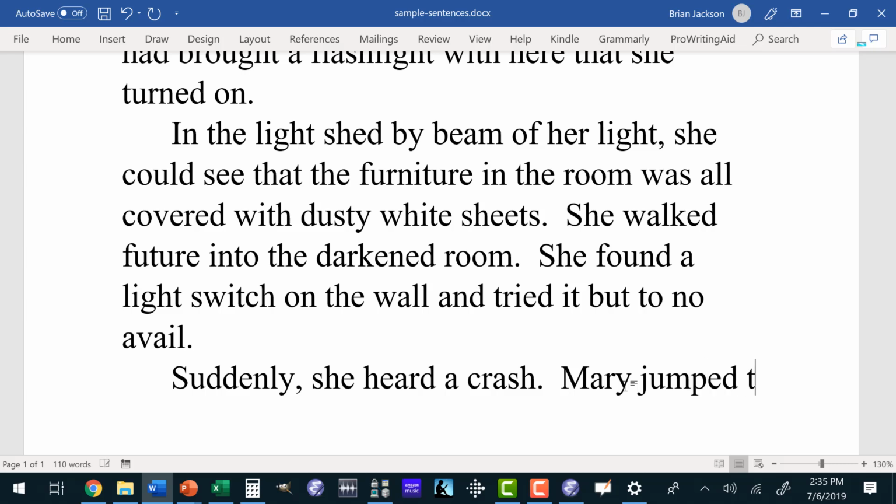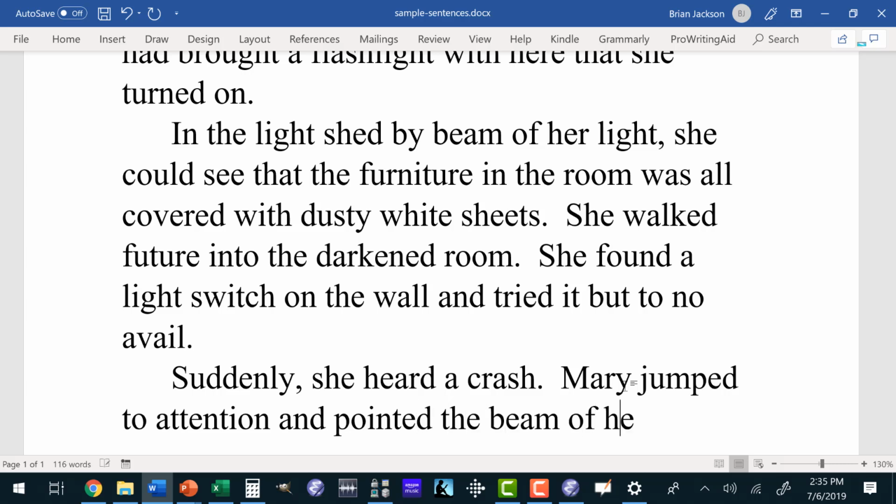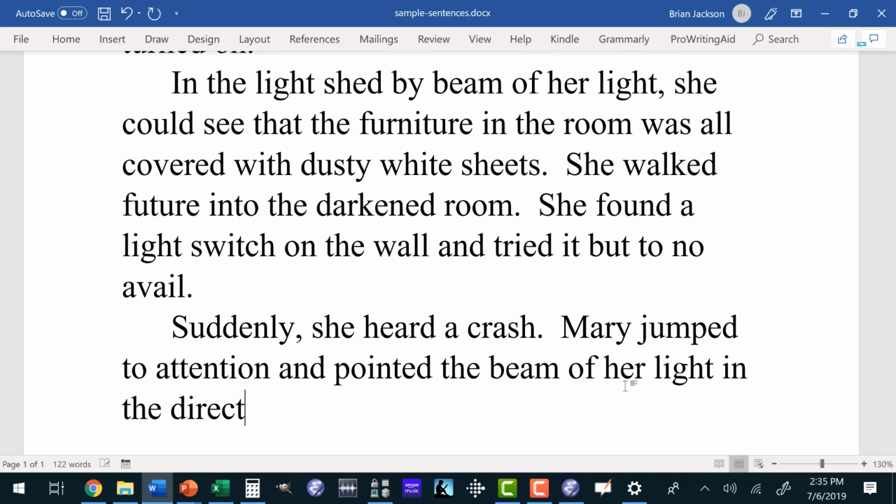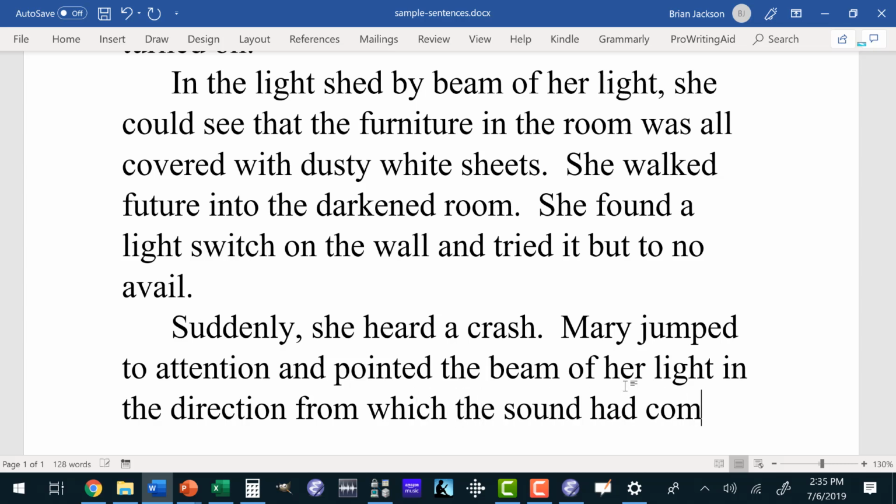Mary jumped to attention and pointed the beam of her light in the direction from which the sound had come. Once again, a longer sentence now.